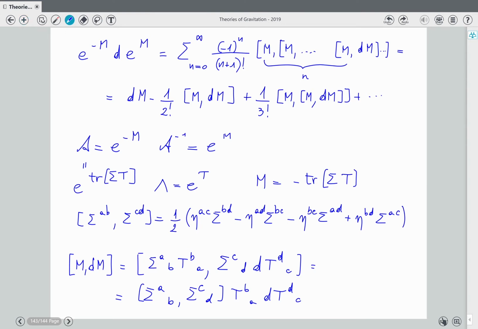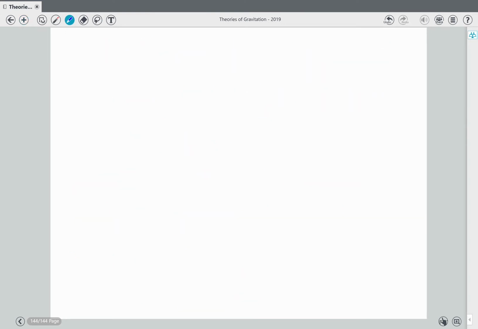First, however, let me give you the relation between the matrices sigma and the generators of the Lorentz group. If you take the matrices sigma and you multiply them by minus 2i, you obtain the generators of the Lorentz group.